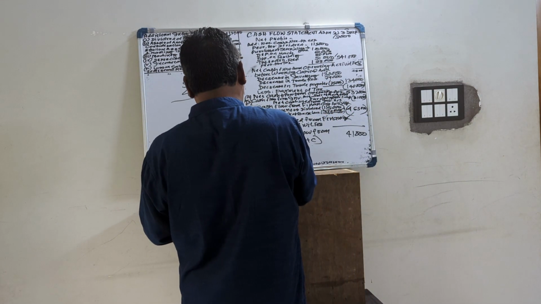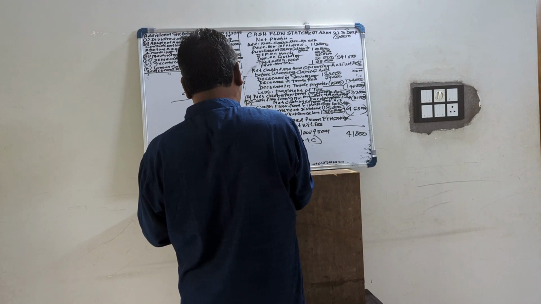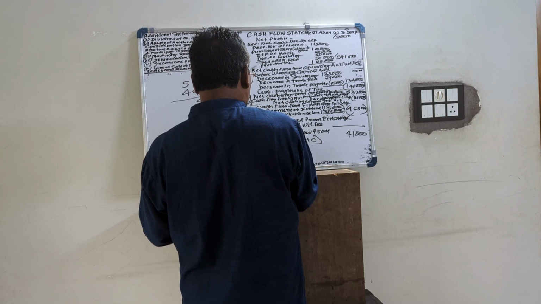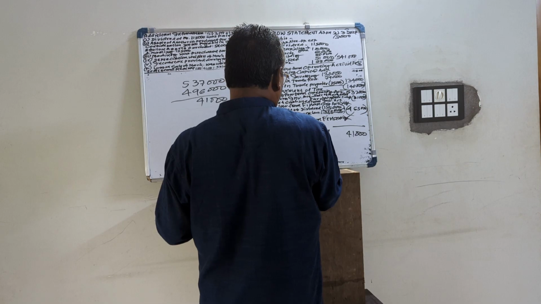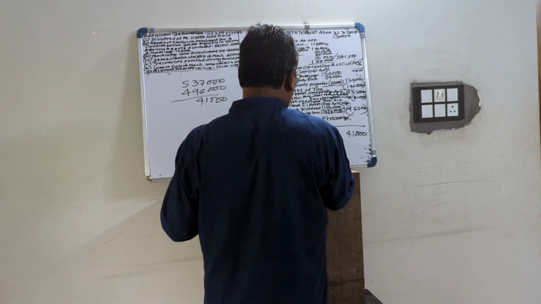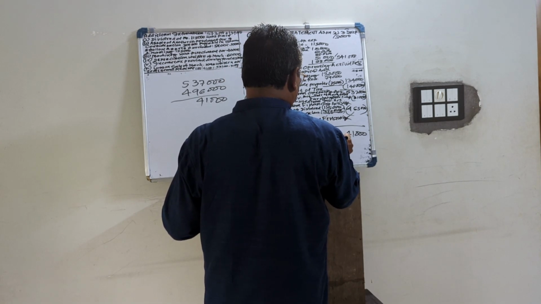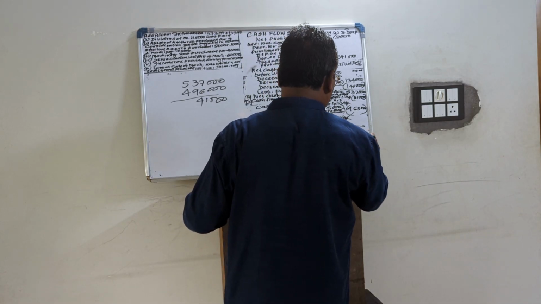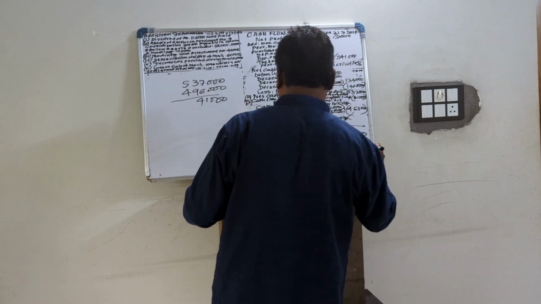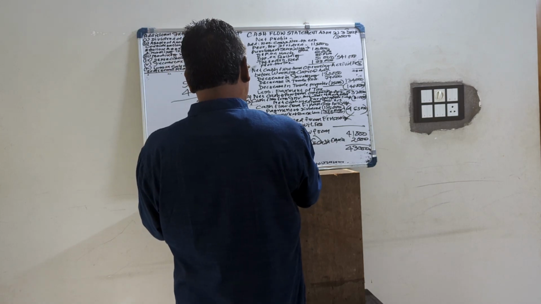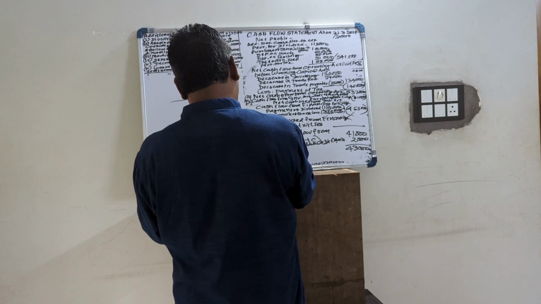Then add opening cash and cash equivalent. Here only cash in hand is given, 2,000, cash at bank not given. So it is 43,000. It should tally with the closing cash and cash equivalent.